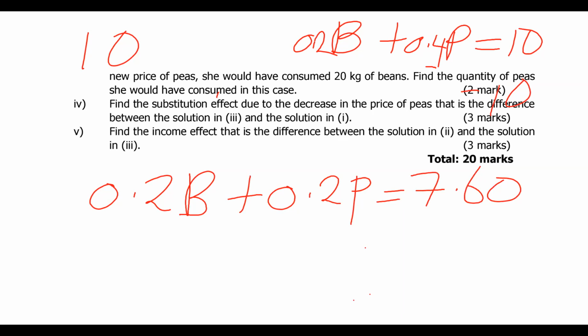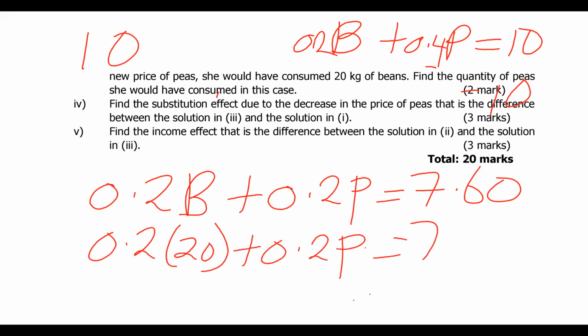They are saying that she has now consumed 20 kg of beans, where we had 30. We put 20 here plus 0.2P, that should be equal to 7.60, right?